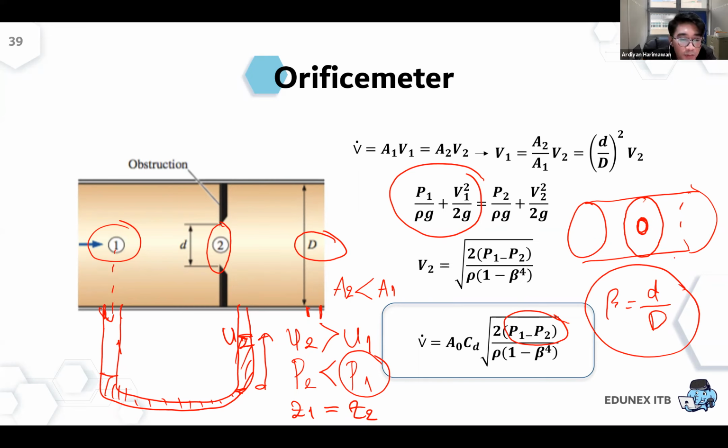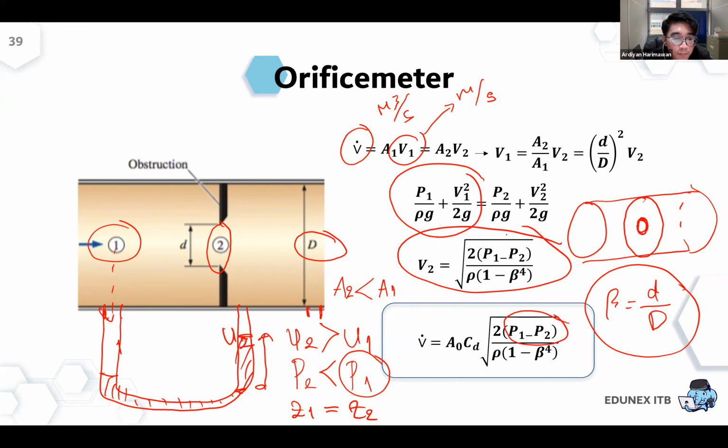So try to derive. This is the volumetric flow rate. Not volume, yeah? This is the velocity. So try to use the mass balance and then try to derive the Bernoulli equation. Then you will get the correlation between this one.